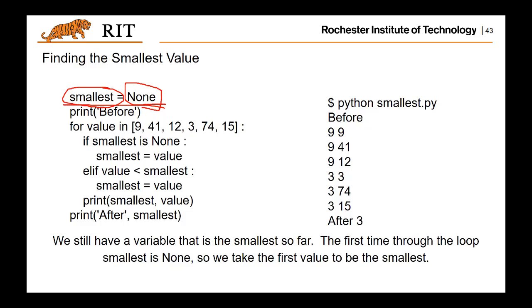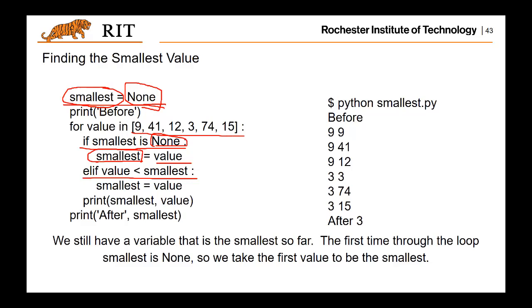You need an if-elif system and check whether smallest is None. That means this hasn't contained any values, this is the initial value. Then you just set whatever the current value is to be the smallest, and then continue looping through the array.